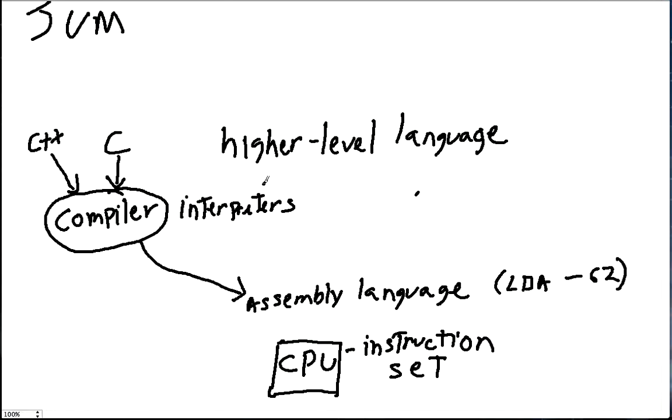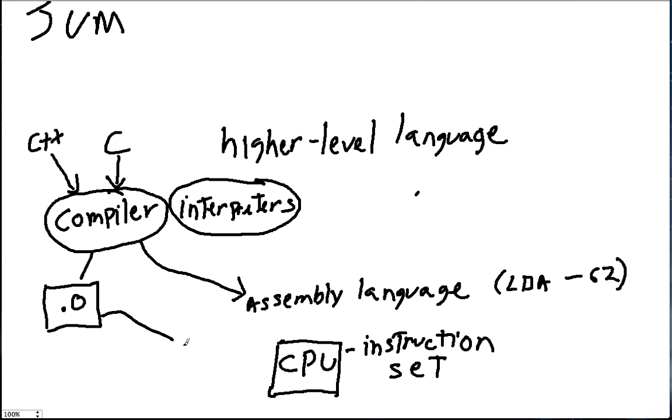An interpreter is very similar to a compiler. A compiler takes C or C++ and turns it actually into a .o file, and then this file has all the assembly language and that file runs.